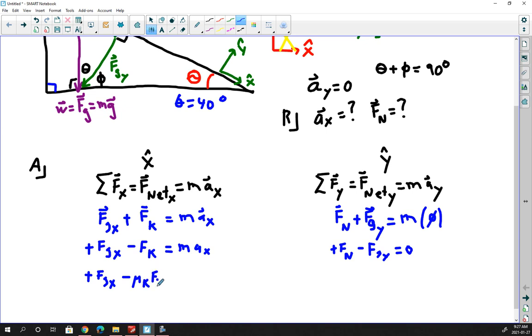We don't need to use absolute value signs here because we already got rid of the vector sense of this. Mu k normal force is equal to mass times acceleration in the x direction. Then over here, we can have positive normal force, and I'm going to bring this to the other side, so that's going to change its sign. Equals plus force of gravity y component.